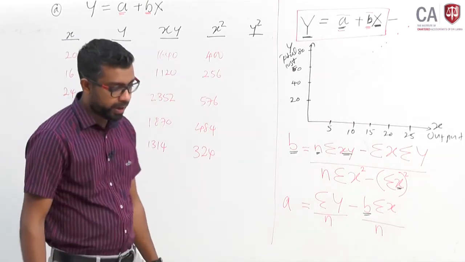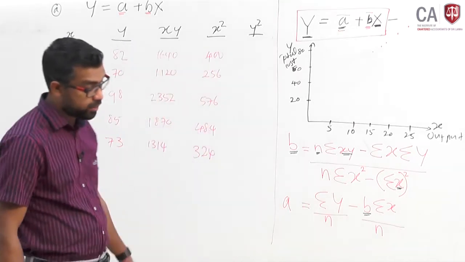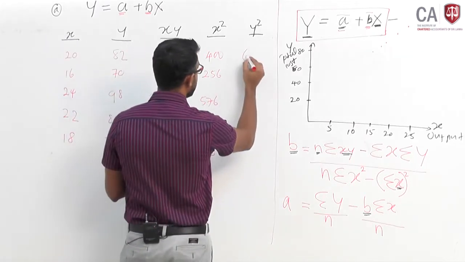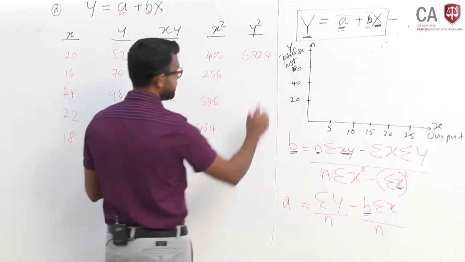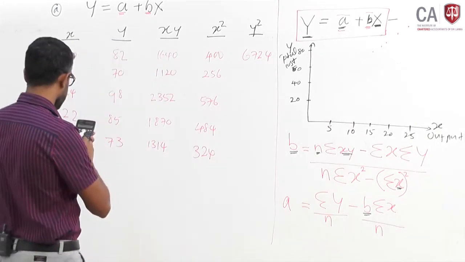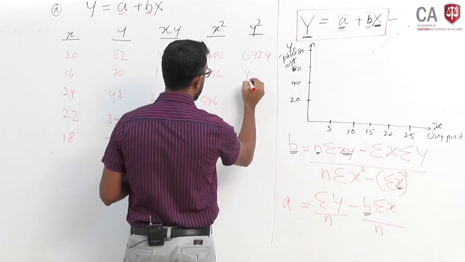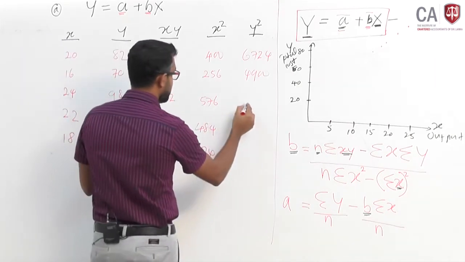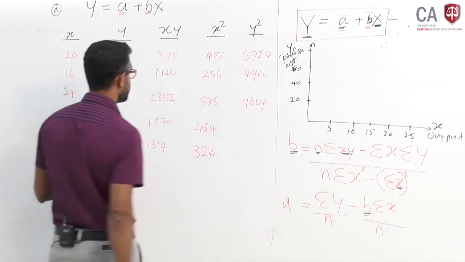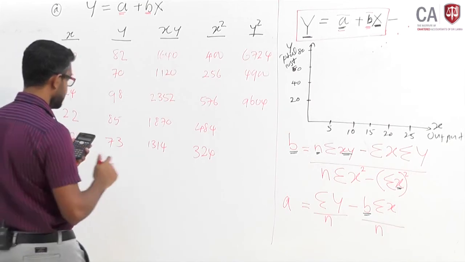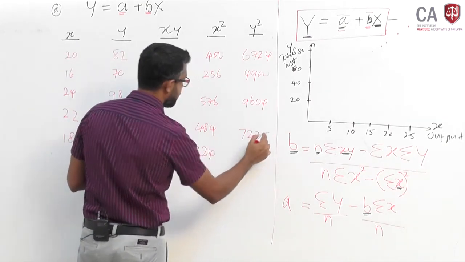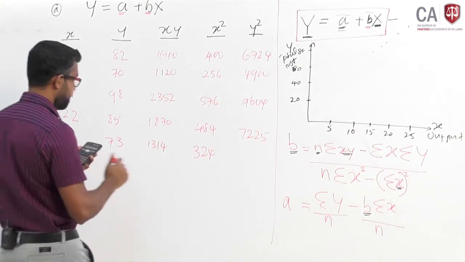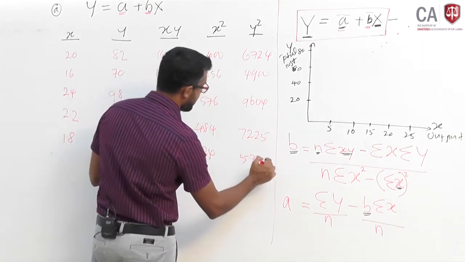Right? The power of y also we will calculate because it will be required in future. 82 squared is 6724. 70 squared is 4900. 98 squared is 9604. 85 squared is 7225. 73 squared is 5329.